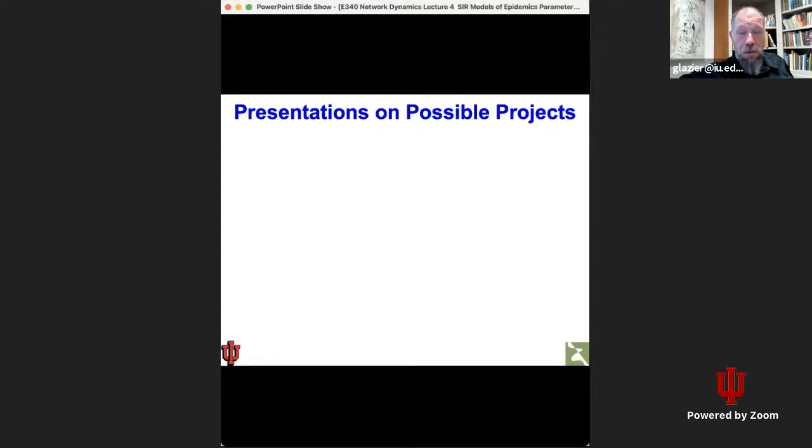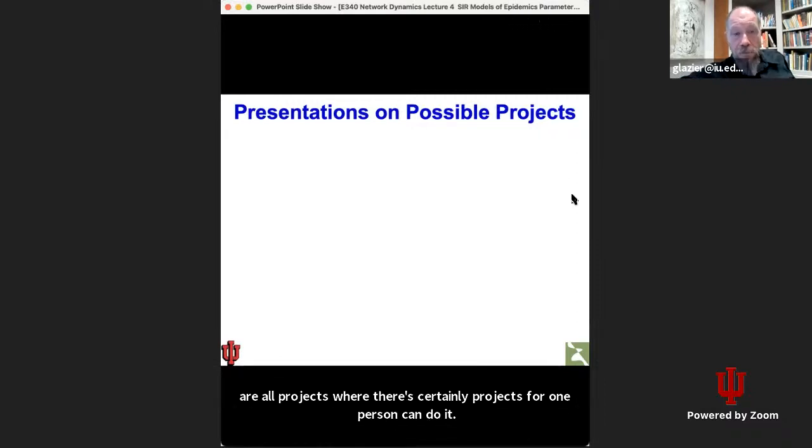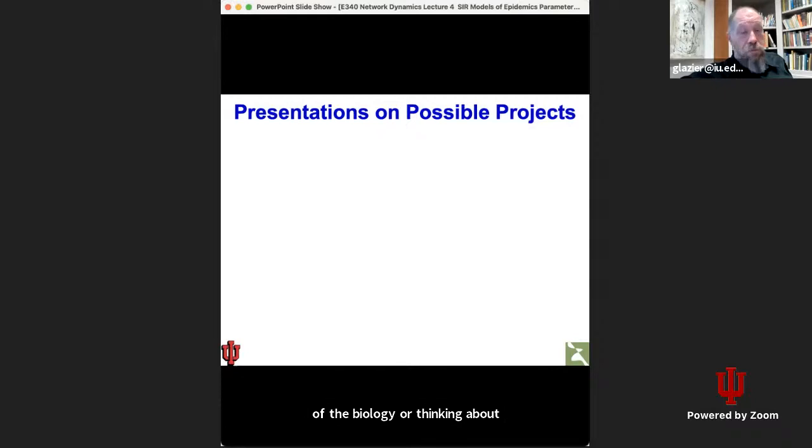These are certainly projects where one person can do it, but they're projects that often benefit from having multiple people thinking about it together. One person could be assembling the experimental data or writing the explanation of the biology or thinking about good exercises to do while the other person does the coding. And there are many ways of breaking down the tasks of our project.